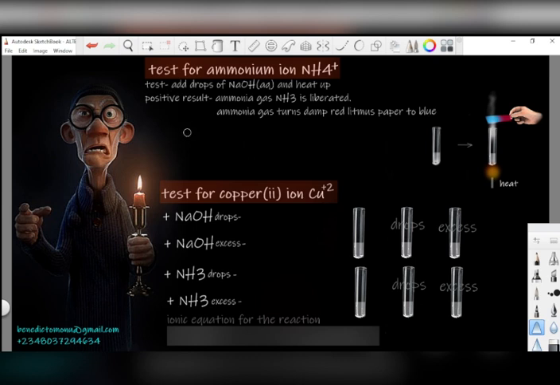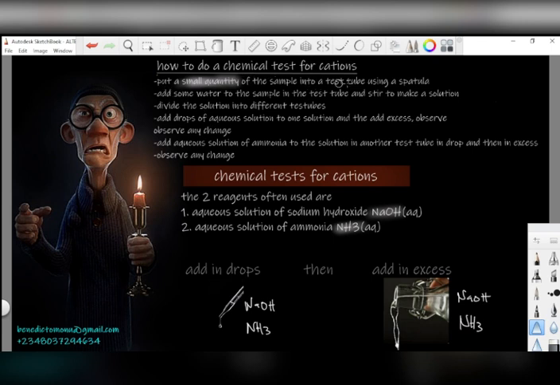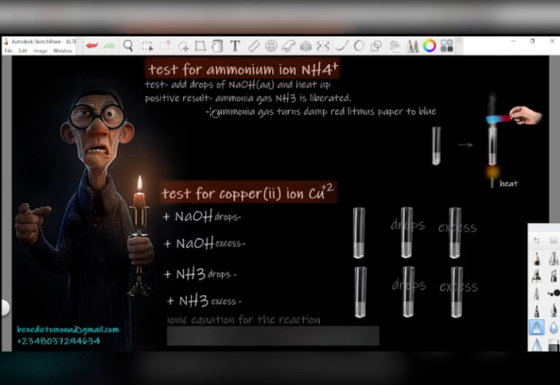To the sample you have prepared by this method I just described here, a small quantity added in a test tube, add water, make a solution. To that solution now, add drops of sodium hydroxide using a dropper and you heat it up.